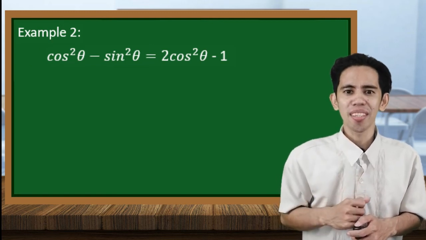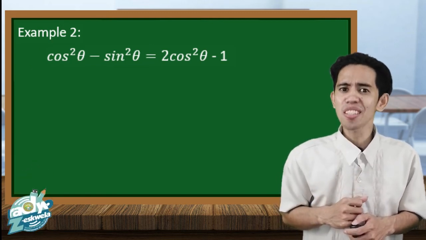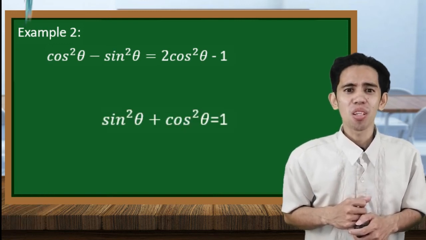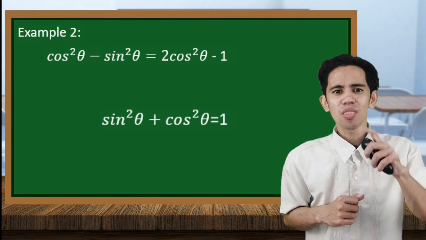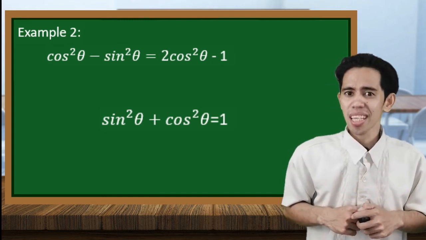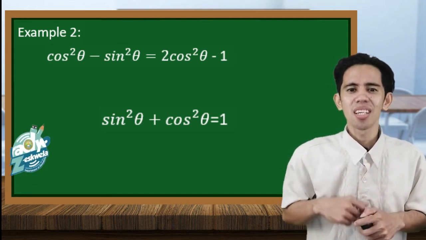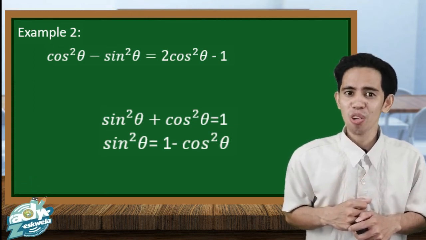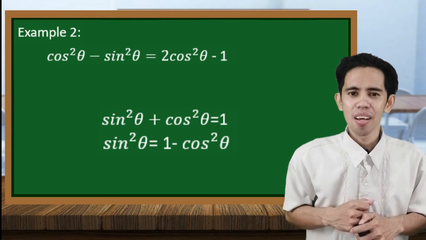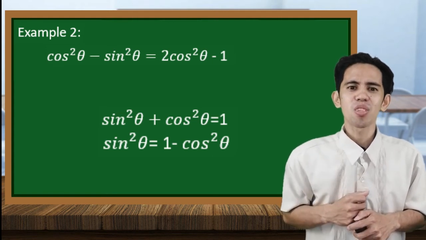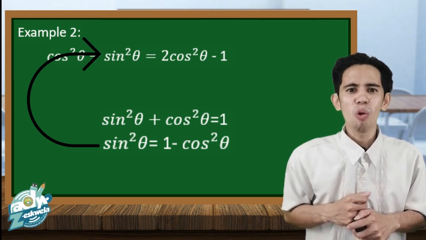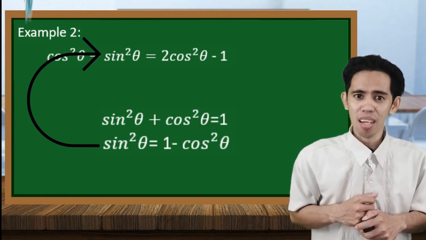Using the Pythagorean identity, which is sine squared theta plus cos squared theta is equal to 1, solve in terms of sine squared theta. We have sine squared theta is equal to 1 minus cos squared theta. Then, substitute the value of sine squared theta, which is 1 minus cos squared theta.